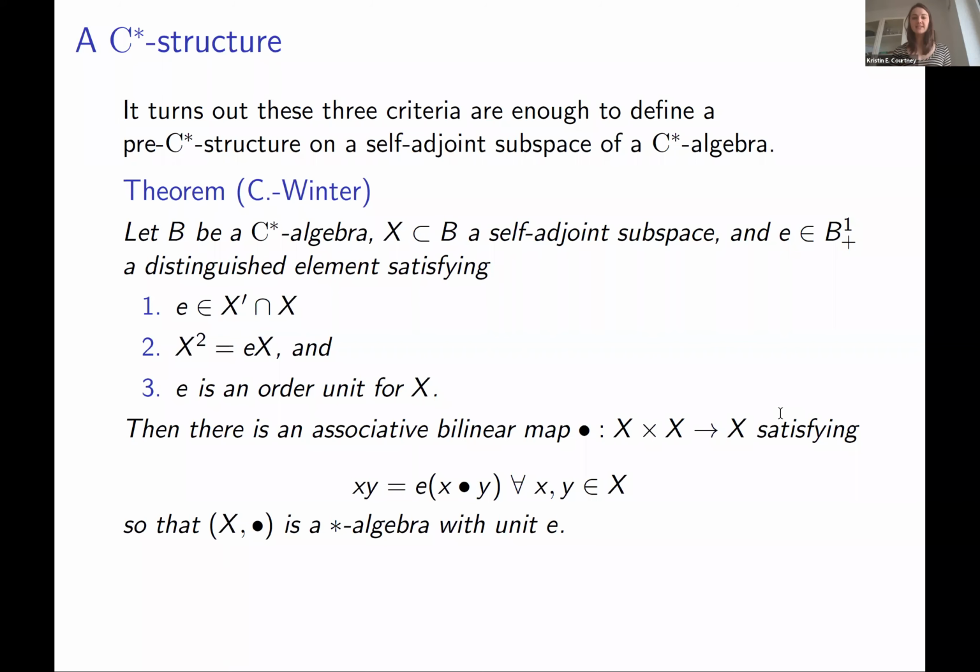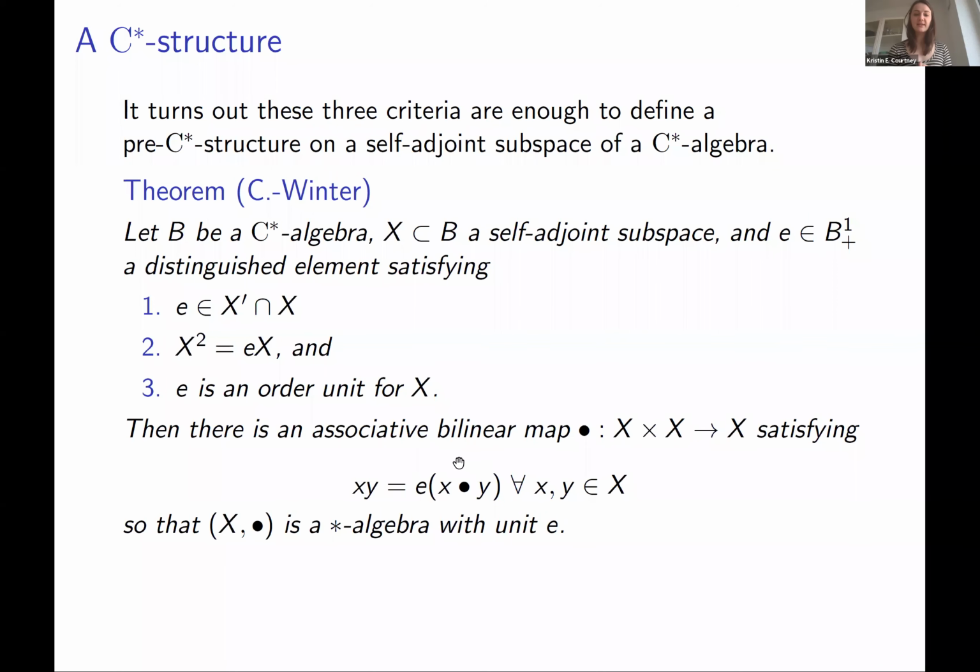Now, when X is actually the image of a CP order 0 map, then this is coming really directly from the structure theorem for order 0 maps. Hold on a moment, let me finish what I was just saying. If X is the image of an order 0 map, then we can think of this multiplication as just remembering the multiplication back in A. In general, we can't always say explicitly what this is, we just can say that it exists.